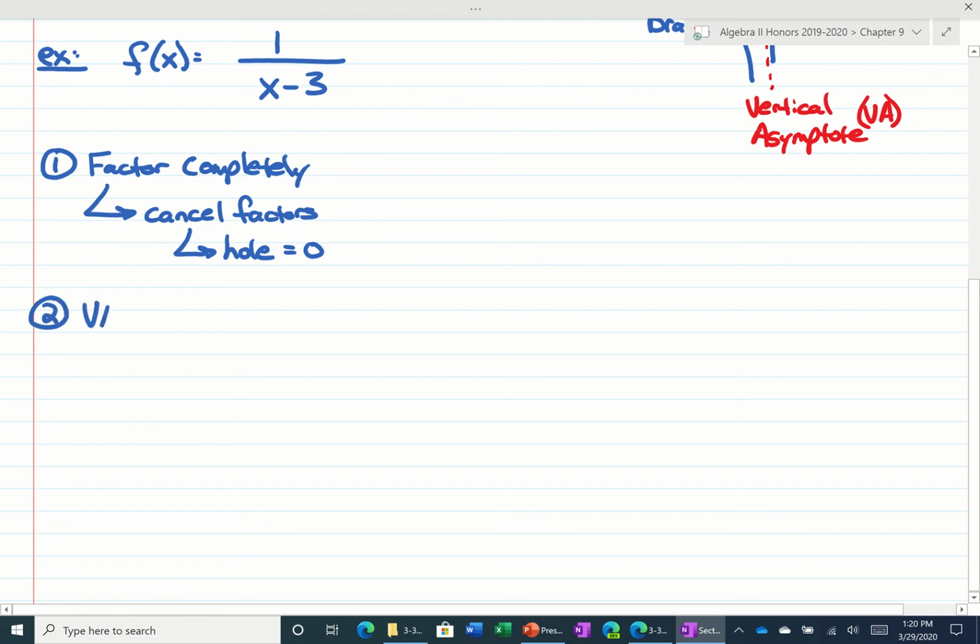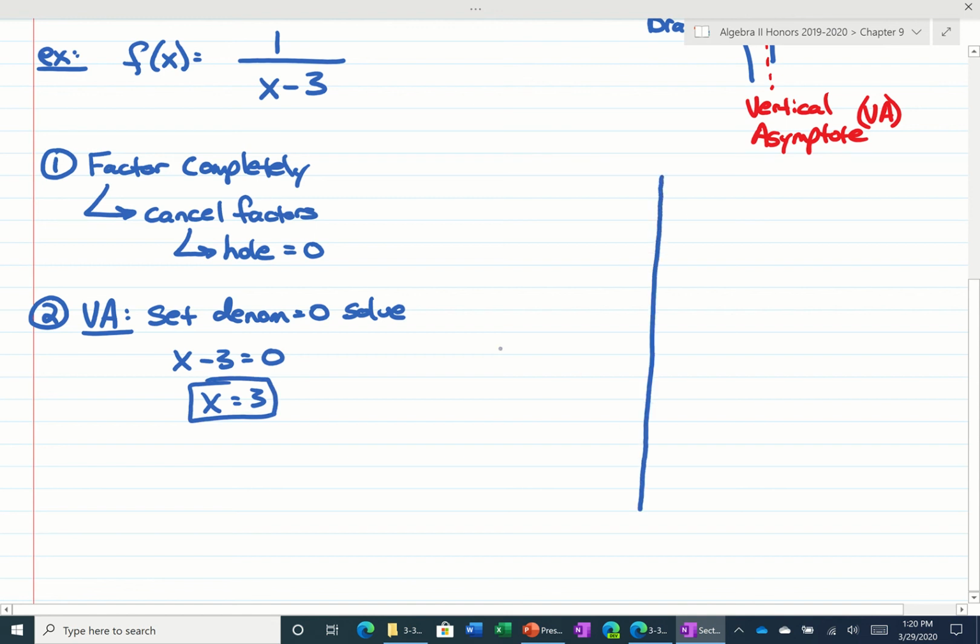The way we find our vertical asymptote is we set the denominator equal to 0 and solve. Very easy. In this case, our denominator is x minus 3. If we make it equal to 0, x would be 3, would be the vertical asymptote.